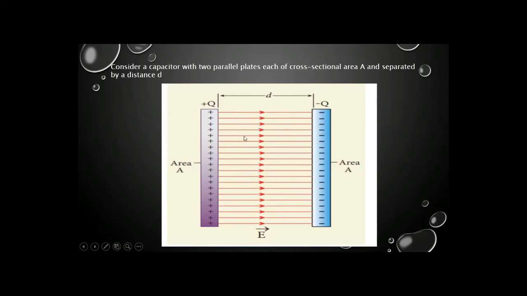The capacity of a capacitor to store the charges can be increased or decreased. How is it possible that the capacity of a capacitor can be increased? It is increased by the area of the plates. If we increase the area, more charge can be induced on the two plates, and that's how the capacity of a capacitor will be increased, because a capacitor is a device which is used to store the charge.